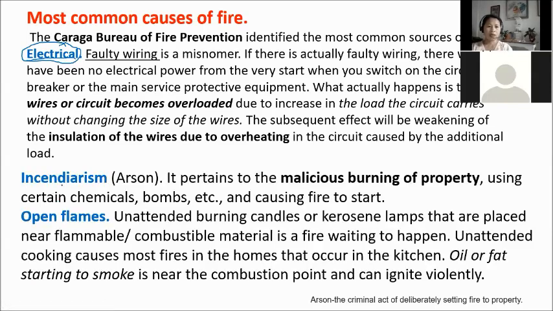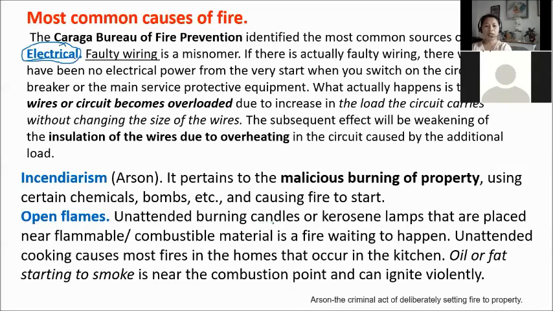Next is incendiarism or arson. So arson is the criminal act of deliberately setting fire to property. So it pertains to the malicious burning of property using certain chemicals, bombs, etc., and cause fire to start. Okay. Next, open flames.